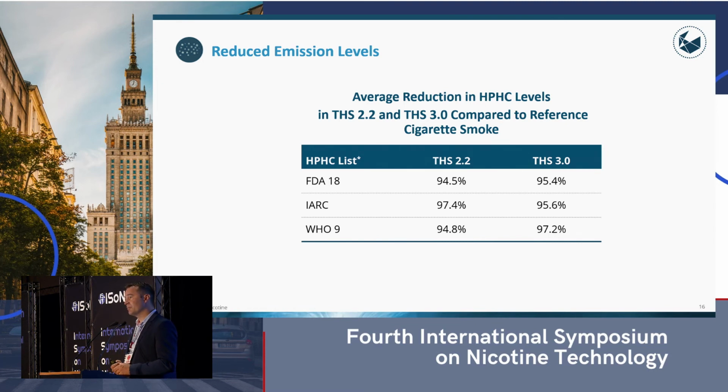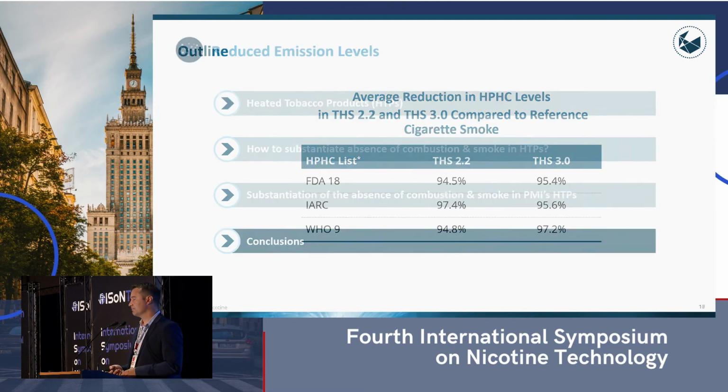Which of course is because you do not have the high temperature processes that occur in tobacco combustion. When you have combustion, you generate heat, which increases the temperature. And when you increase the temperature, the reactions get more violent, and you create a lot of compounds. This is a sign that you keep low temperatures and that you do not have a combustion process going on.